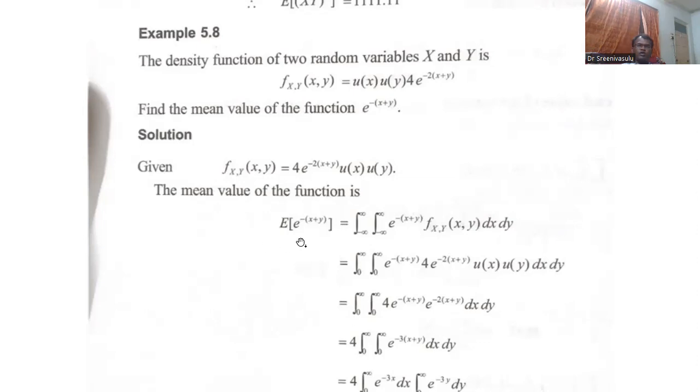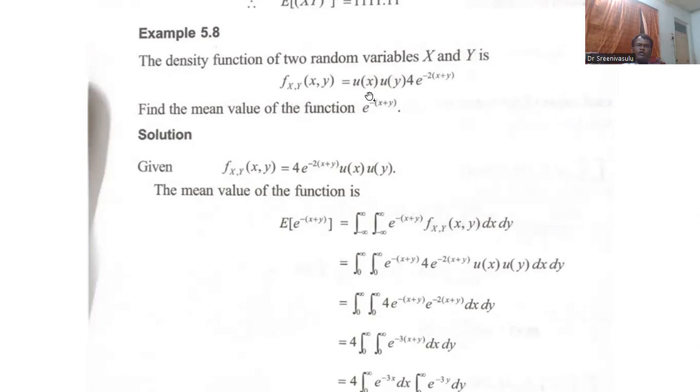So I am replacing this x with it, and the expected value of e^(-(x + y)) is the double integral of e^(-(x + y)) times the joint density function f_XY(x, y) dx dy. Now, the joint density function is given, but he has not given the limits here. That means he has given the clue for the limits.